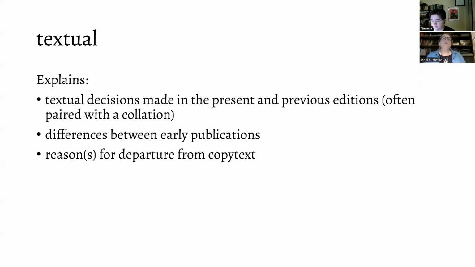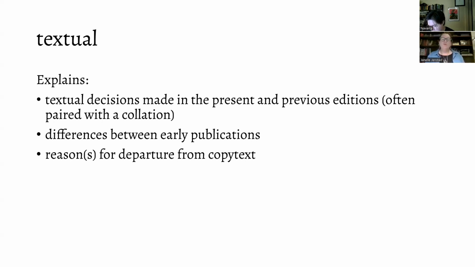A textual note can also explain the differences between early publications. So we do copy text editions. You'll base your modern text on the folio or the quarto or a particular quarto, and you'll have rationalized that in the textual essay in your critical paratext.